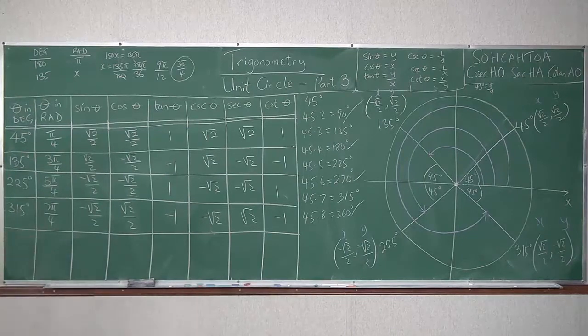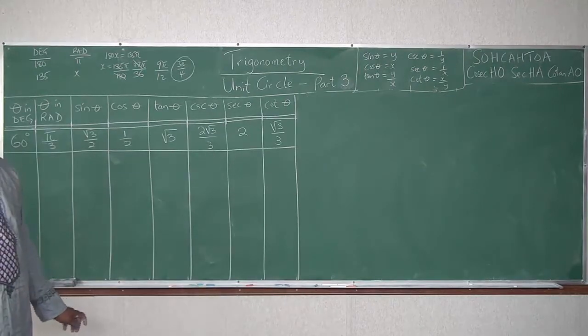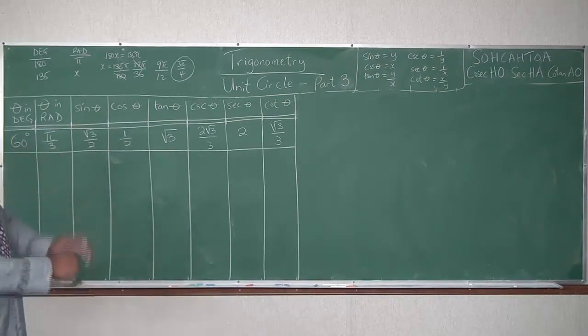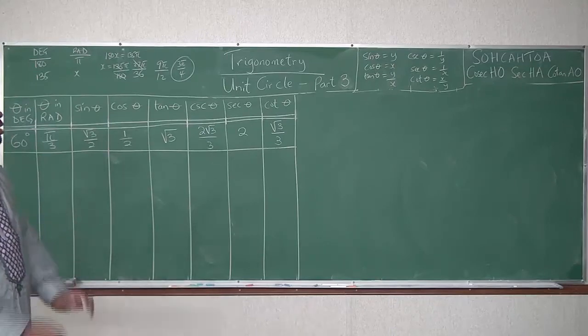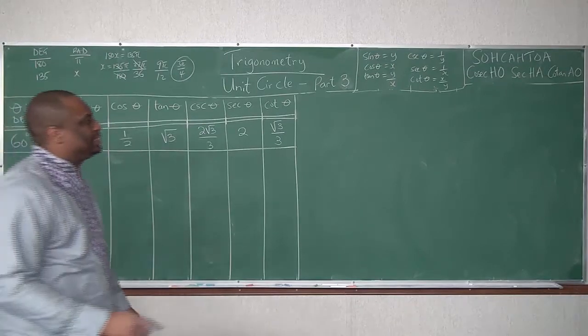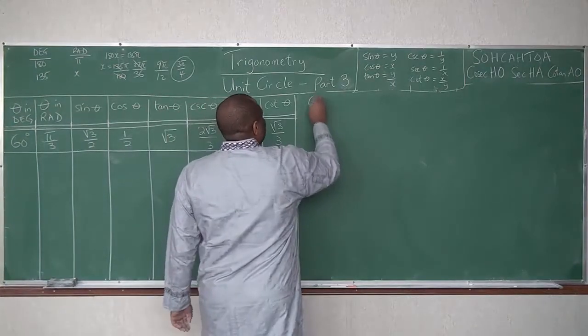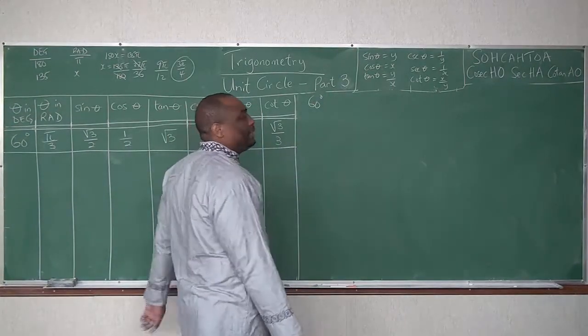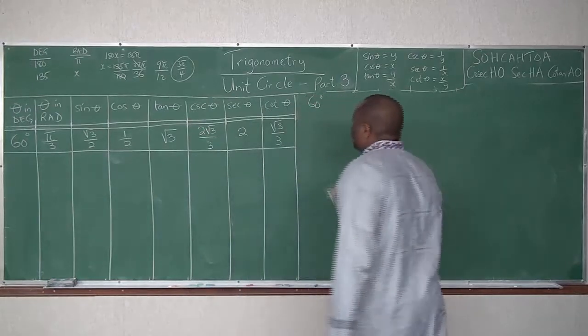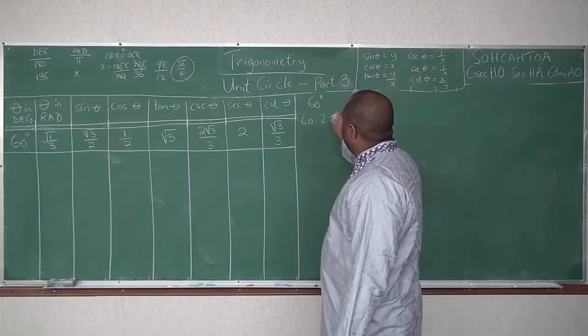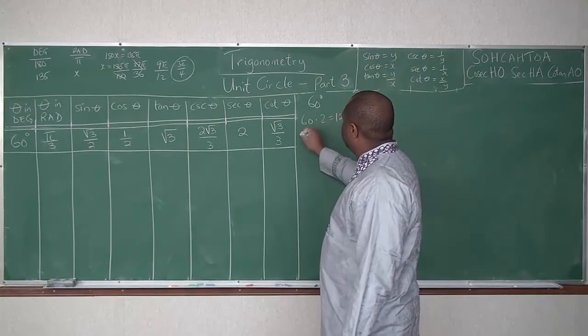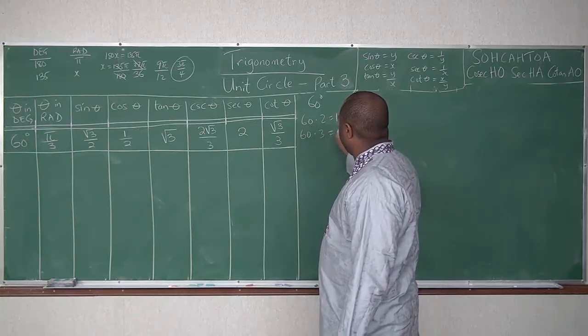Okay? Now let's get to 60 degrees before we call it a night. Alright, folks, this is 60 degrees. Now let's go ahead and find the remaining angles for 60 degrees. 60 times 1 is 60. 60 times 2 is 120 degrees. 60 times 3 is 180 degrees.